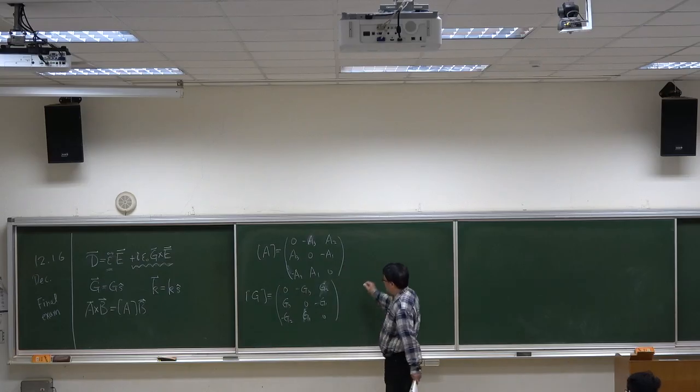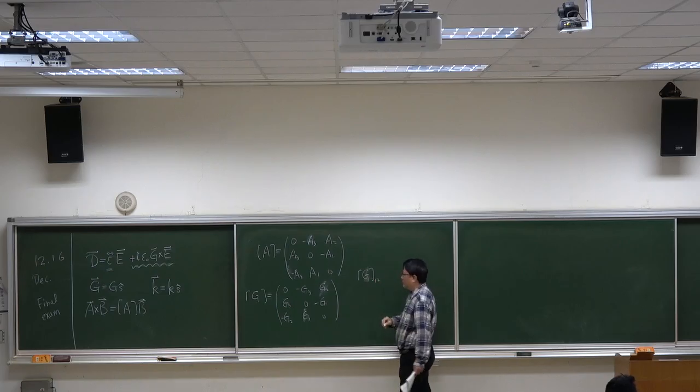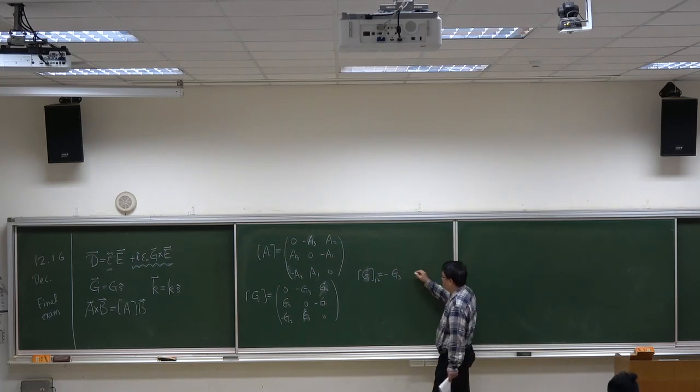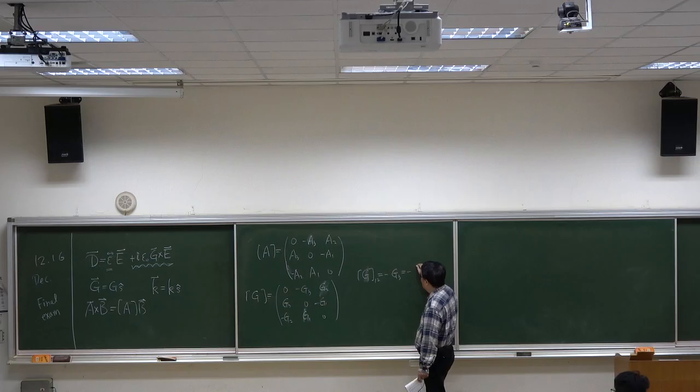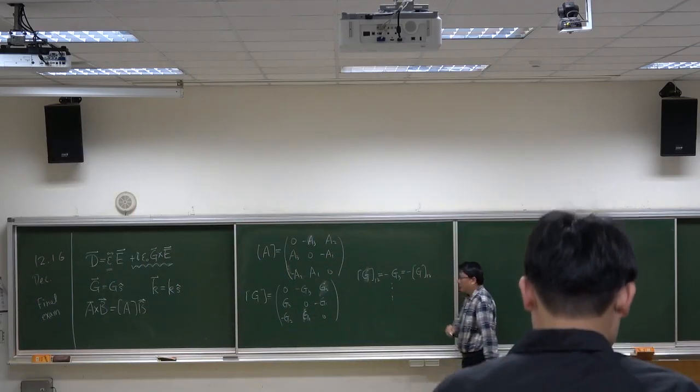Okay, this means that the 1,2 component is given by minus G3, which is equal to the minus 2,1 component, etc.